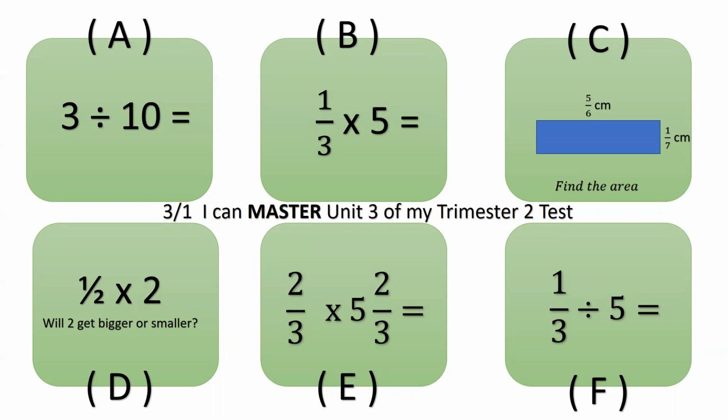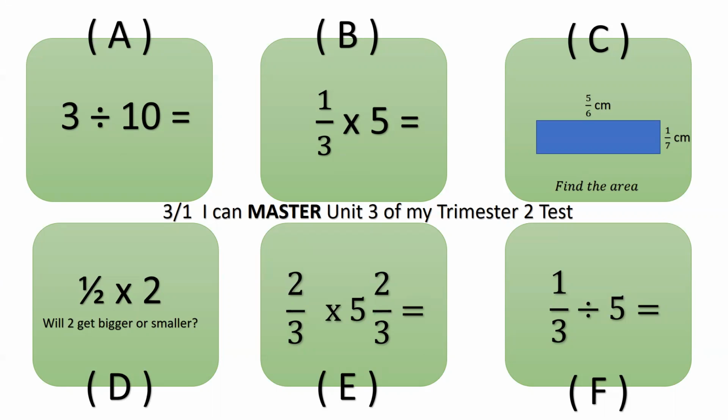Okay, so if you did not yet complete it, please try your best to complete these 6 challenge questions. So you can pause it right now and show me that you understand what you're doing, or more importantly, try to figure out what you do not understand so we can really focus on that.